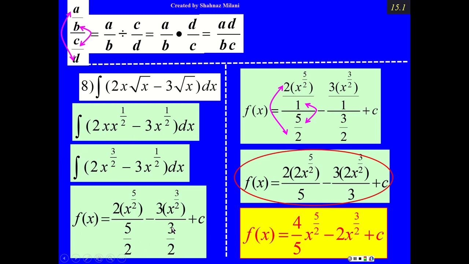Now, with my shortcut, from here, I can just jump to this, but pay attention to it. From here, these 2, I carry it down.